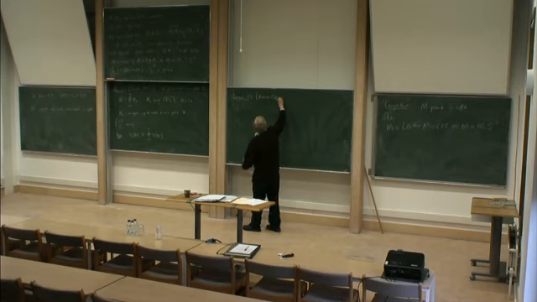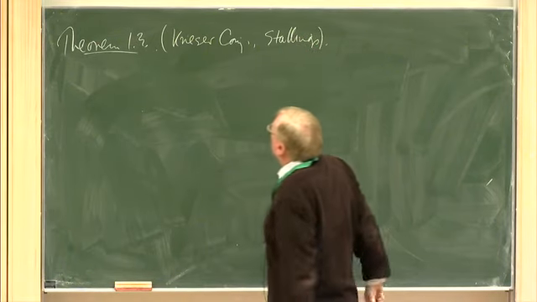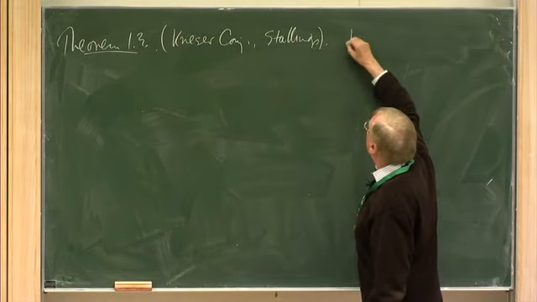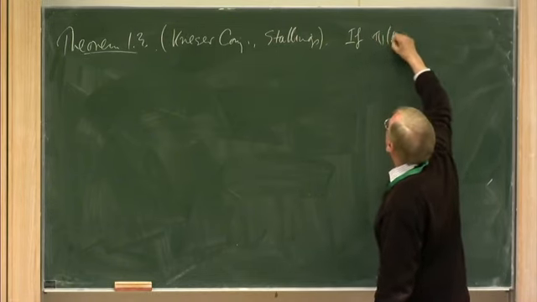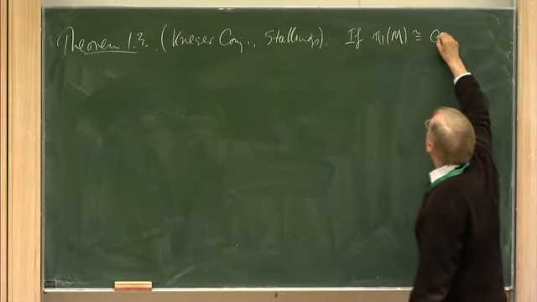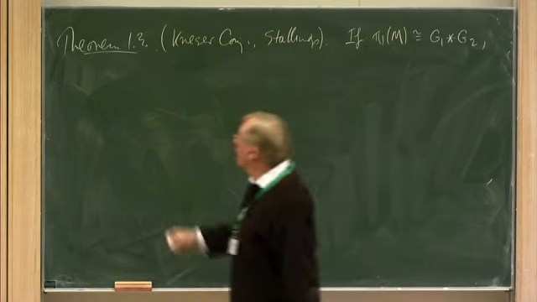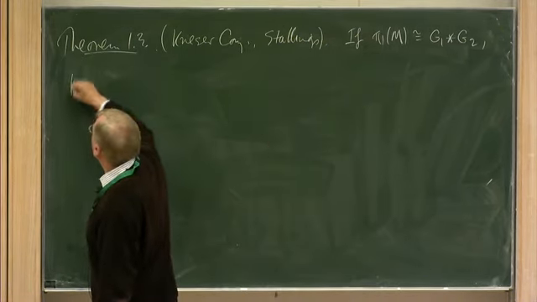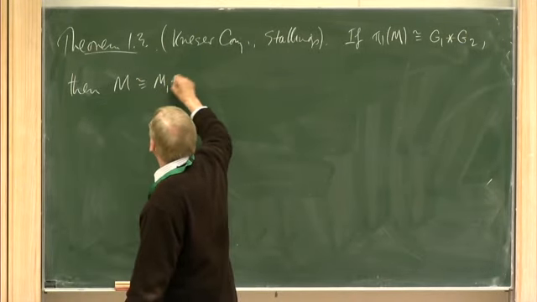It was proved by Stallings, which says that if M is a closed three-manifold, and pi_1 of M splits as a free product, then in fact there's a corresponding decomposition as a connected sum. Then M is M1 connected sum M2.